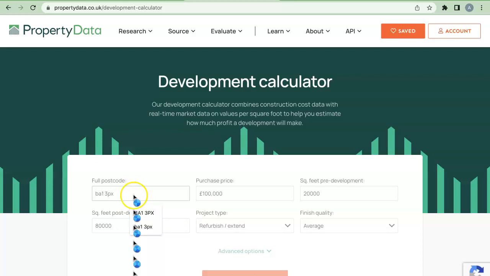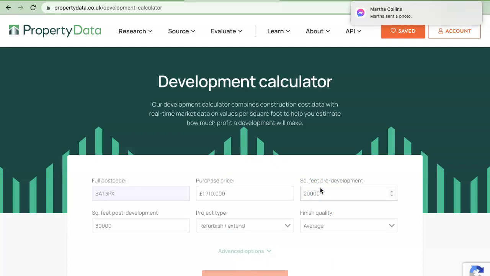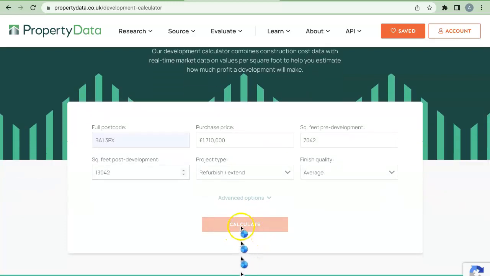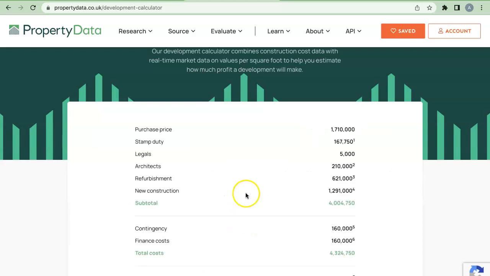Let's just take another example for illustration purposes, with a purchase price of 1710. This is 7,042 pre-development and 13,042 post-development, refurbish and extend, average finish quality, and we do the calculation.